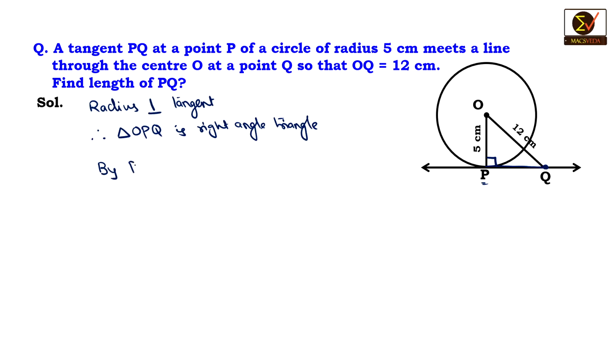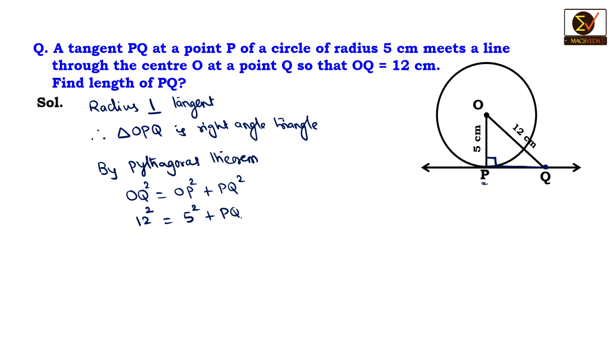By Pythagoras theorem, OQ square is equal to OP square plus PQ square, where OQ is 12, so OQ square is 12 square, OP is 5, so OP square is 5 square, plus PQ square.